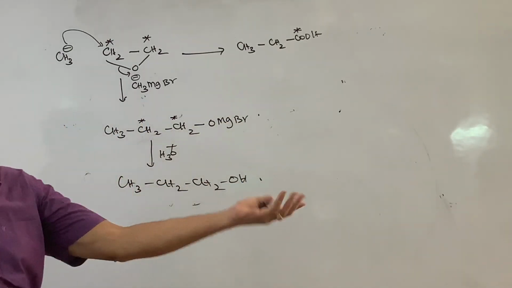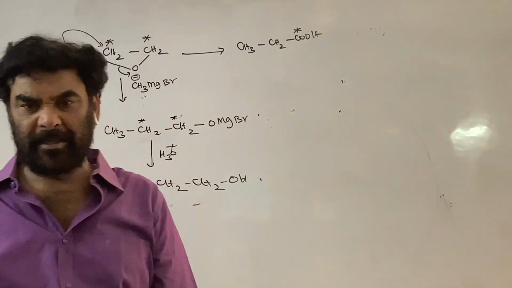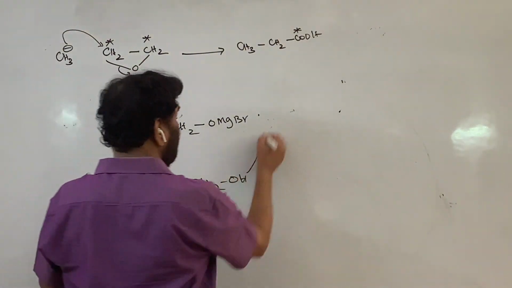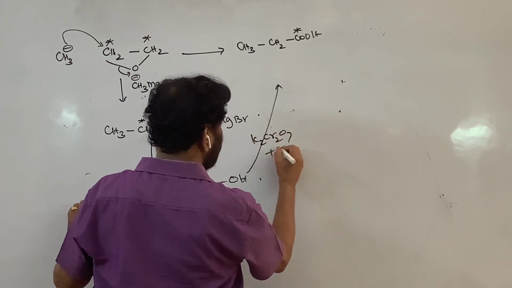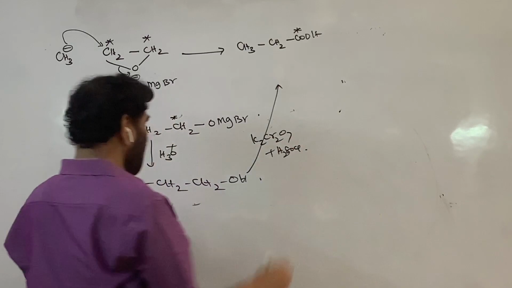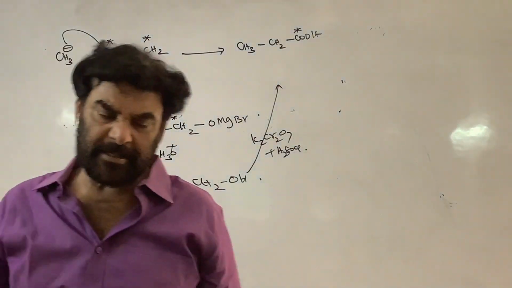Now from the primary alcohol we can prepare the carboxylic acid by treating with K2Cr2O7 plus H2SO4. Primary alcohols are converted into carboxylic acids.